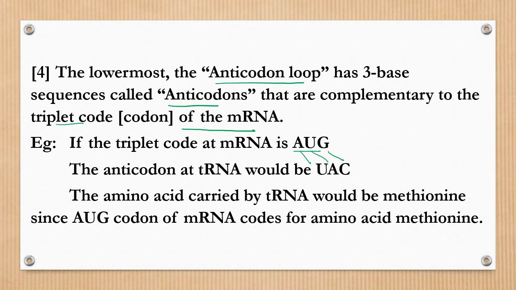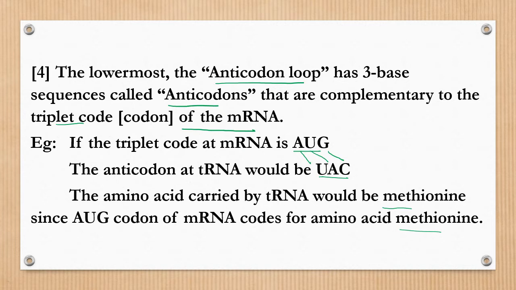The amino acid carried by tRNA would be methionine, since the AUG codon of mRNA codes for the amino acid methionine. So this UAC on this tRNA carries methionine. Why?